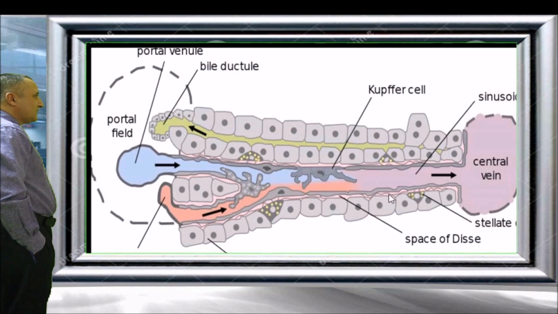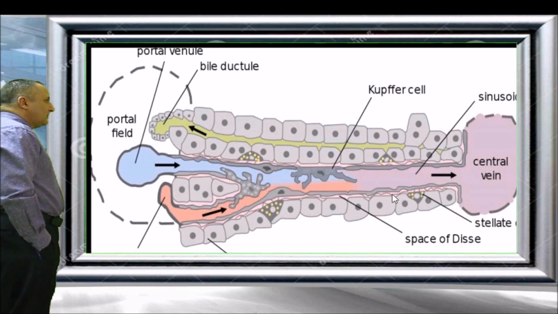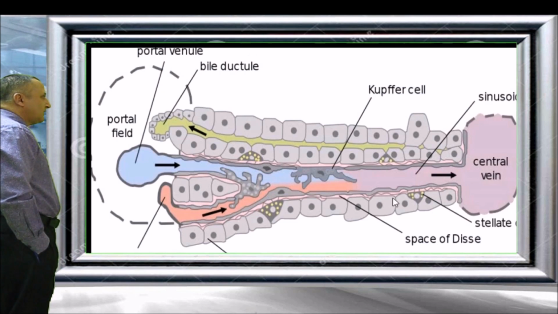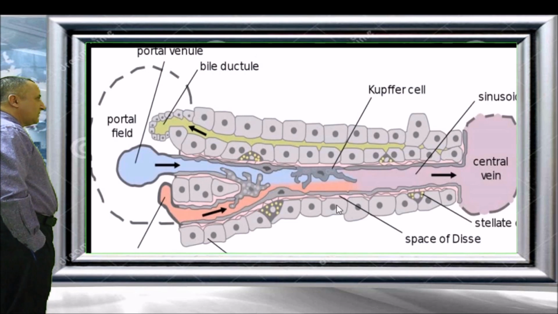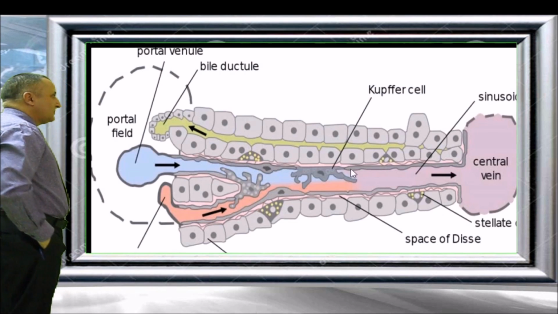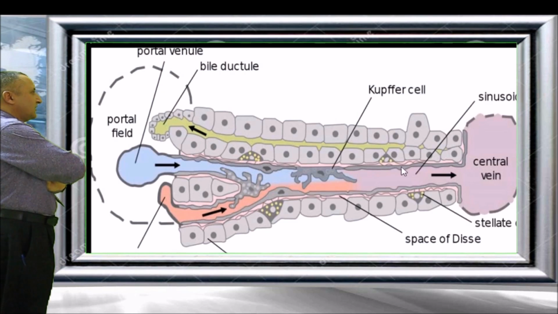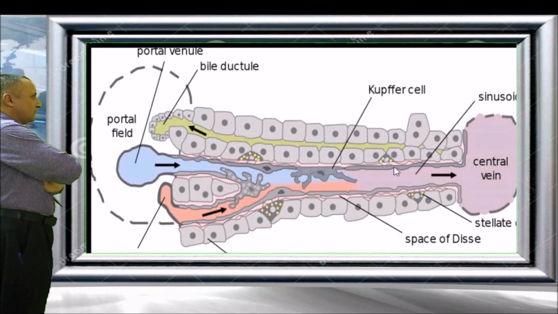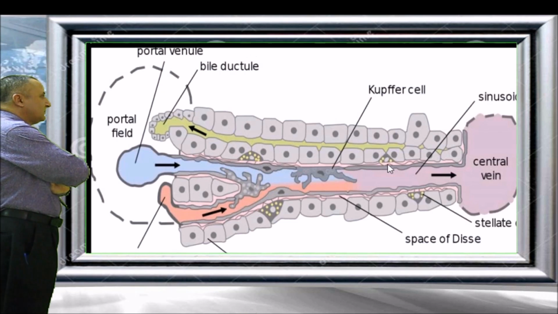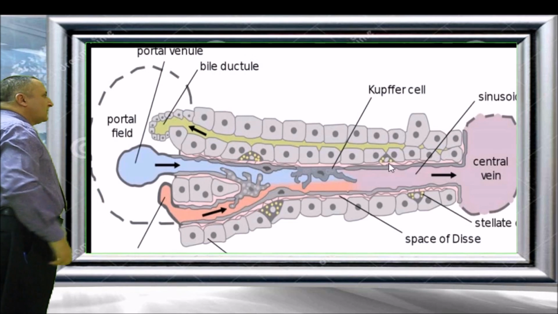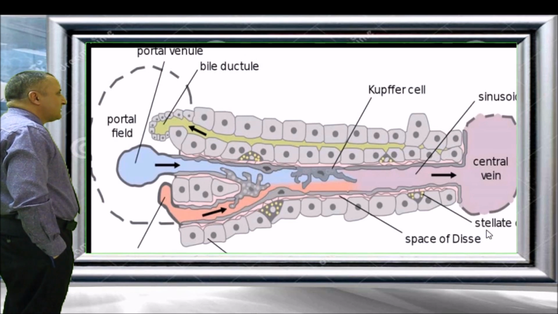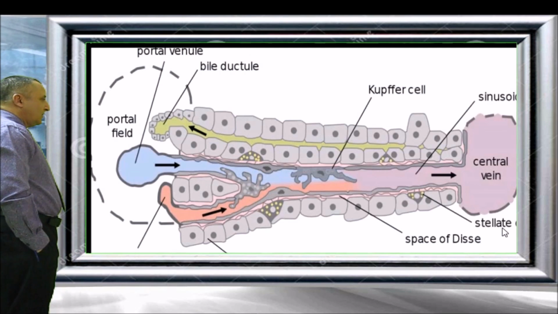The space of Disse is between the hepatocytes and the sinusoidal lining cells. This is a zone of intercellular exchange that contains plasma, scanty connective tissue, and perisinusoidal cells such as hepatic satellite cells.